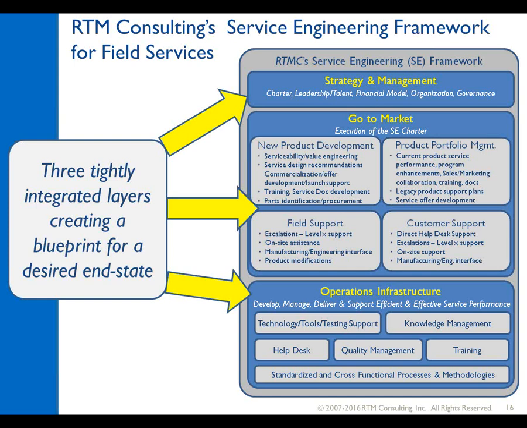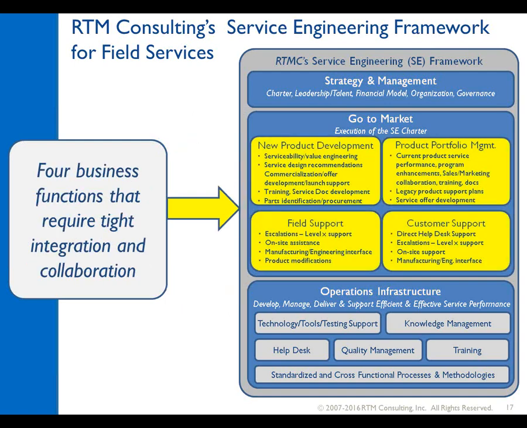And then operational infrastructure to include the technology and tools and help desk software, knowledge management capabilities, and training of your techs and those sorts of things. So the framework, again, I won't say covers every single element of what you might want to have in your service engineering framework, but it does create a generic, very solid starting point for thinking about service engineering and how it is going to be used as a tool to deliver a superior customer experience to your customers.